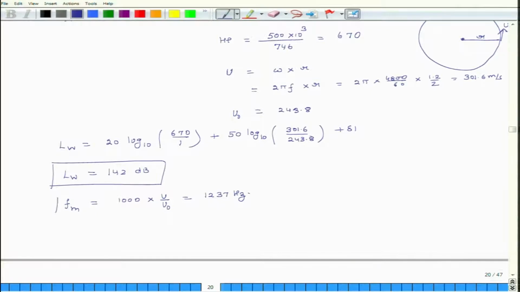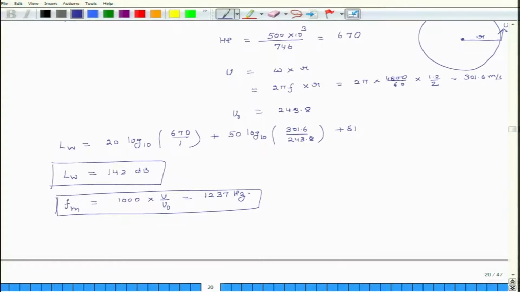So, this is the second important piece of data. What this means is that the sound power level coming out of this compressor will correspond to 142 decibels, and it will be maximum at 1237 hertz.